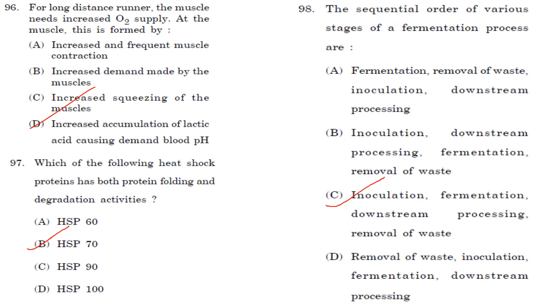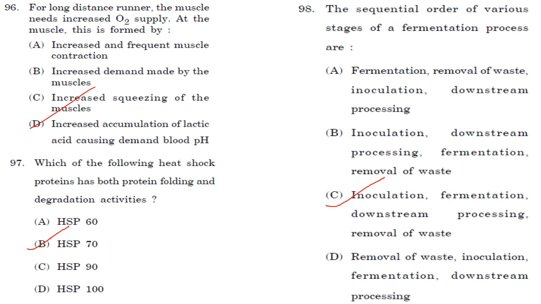At the muscle, this is formed by increased and frequent muscle contraction, increased accumulation of lactic acid causing decreased blood pH. Answer is D. Which of the following heat shock protein has both protein folding and degradation activity? It is HSP70.